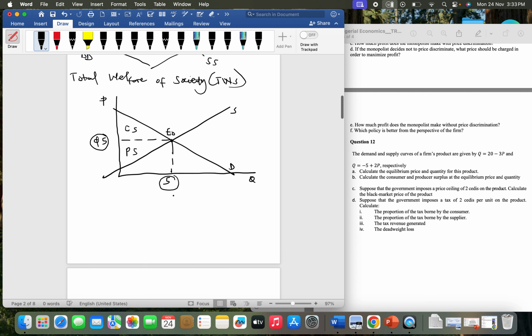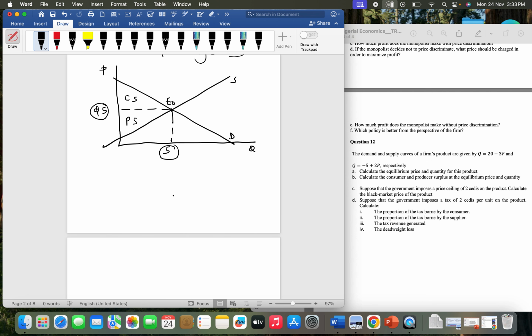So now you have to start with the consumer surplus. I'm finding the consumer surplus first. Remember that I stated earlier that with the consumer surplus, I'm going to use the demand function to solve it. The demand function was given as Q = 20 - 3P. So the concept is if I want price, I make Q 0.